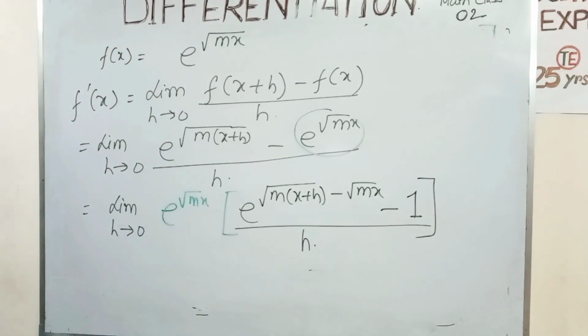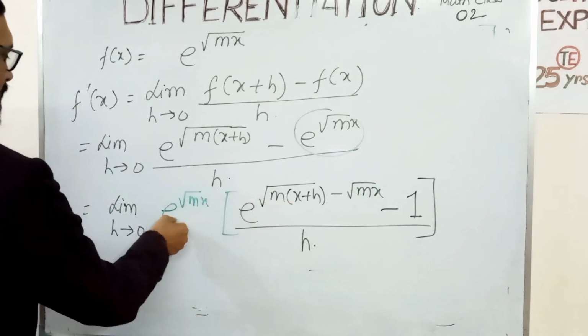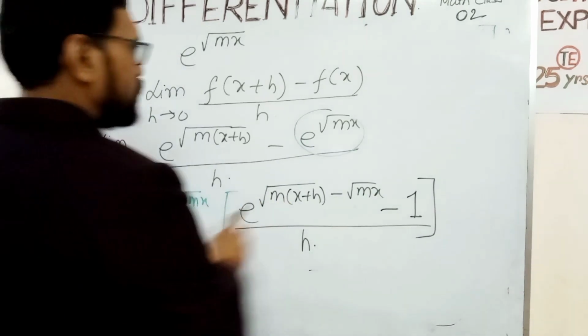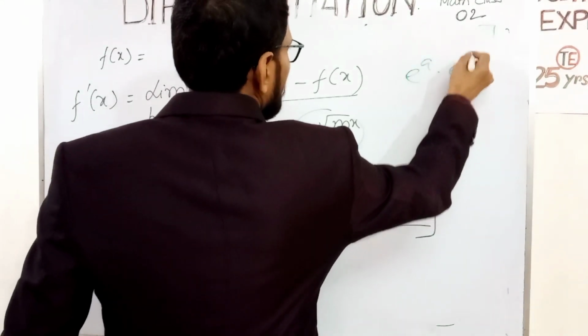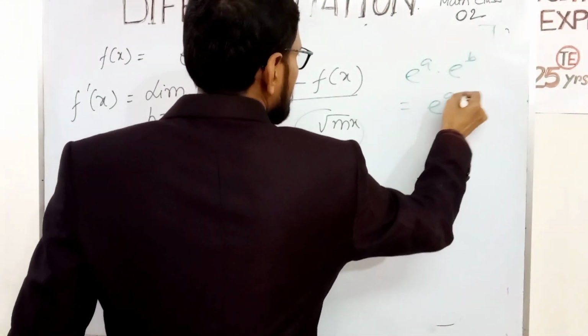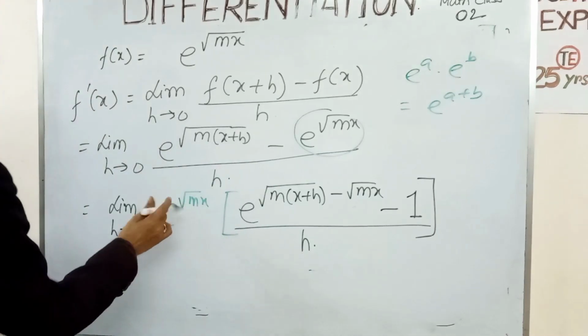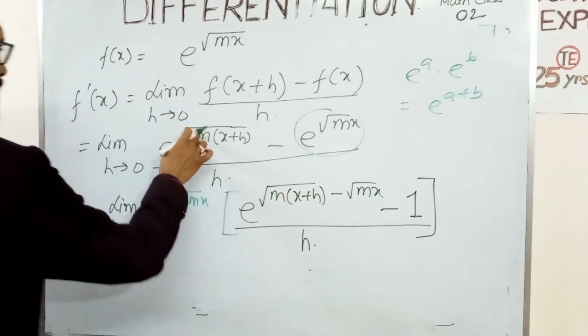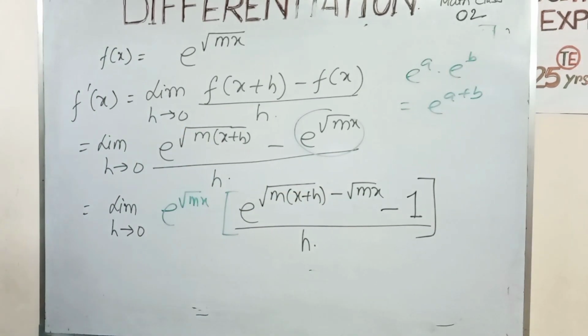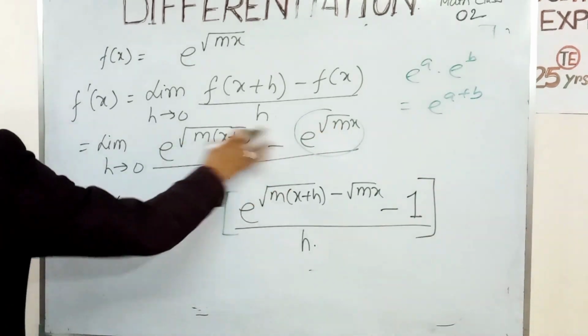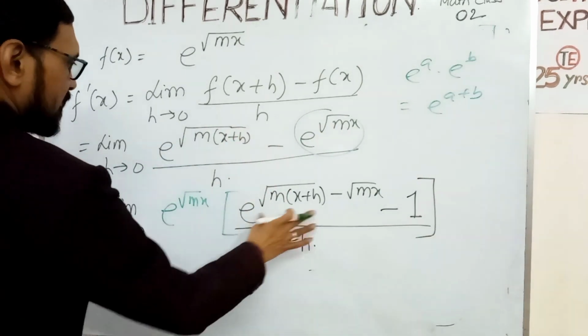This is the result. How? If we multiply these, we apply e to the power a into e to the power b equal to e to the power a plus b. If you add this plus this, the result becomes this.